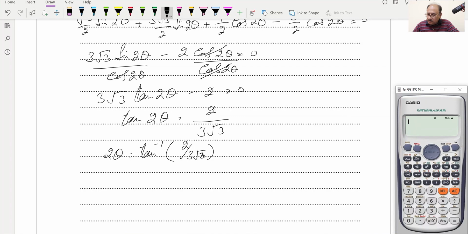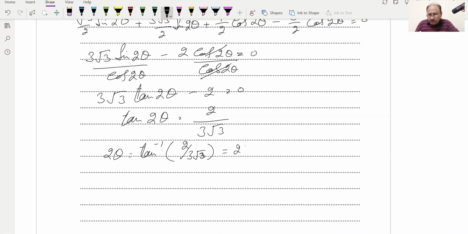Using tan inverse of 2 over 3 root 3, this will be equal to 21.05 degrees, and this implies theta will be equal to 10.5. Half of this will be 10.5.